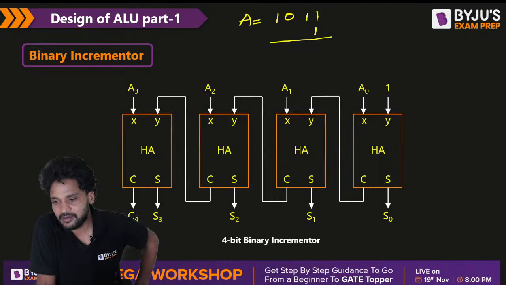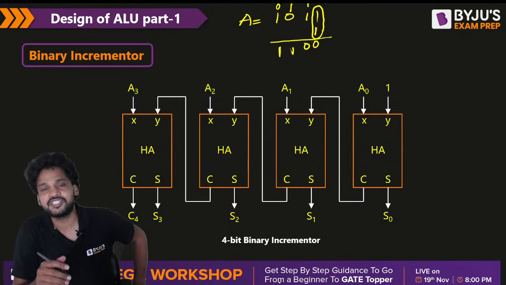What is going to happen? 1, 1, 0, 1, 1 here, 0 here, 1, 1, 0 here, 1 here, clear. 1, 0, 1 and 0 is the carry, 0, 1, 1. At any point, we are adding only 2 digits.